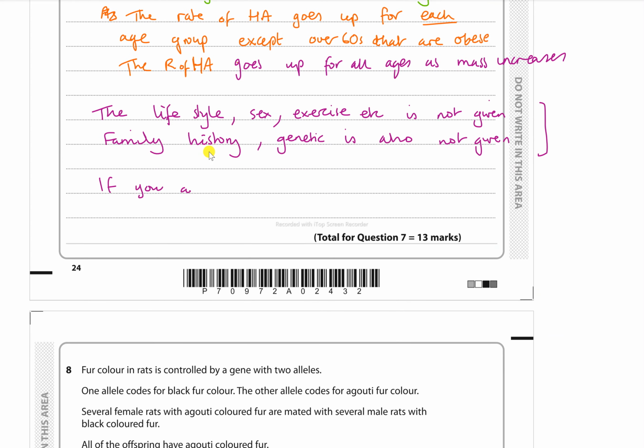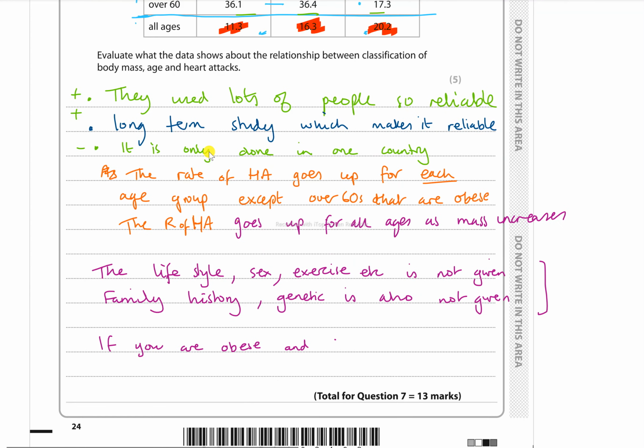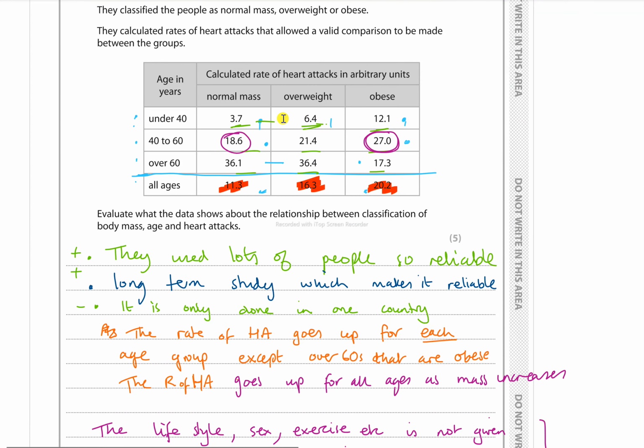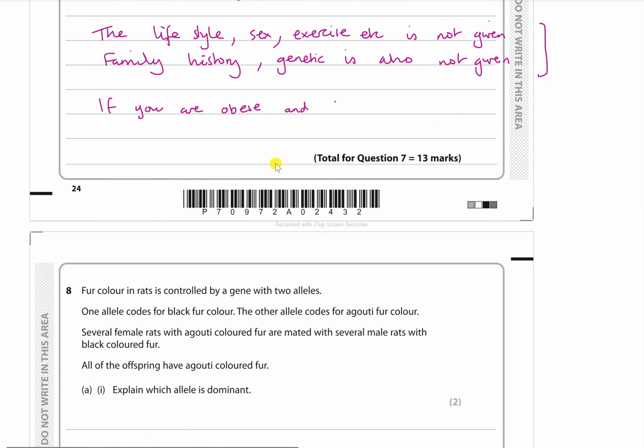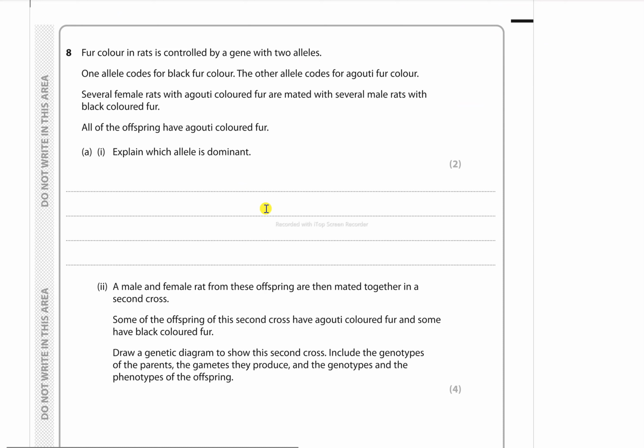If you are obese and under 40, you are 3 times more likely to have a heart attack. Okay, right, we'll call it quits there on that one.